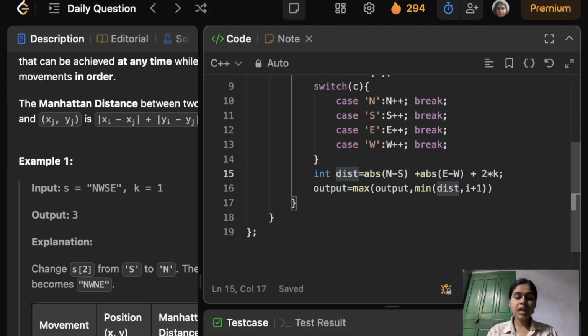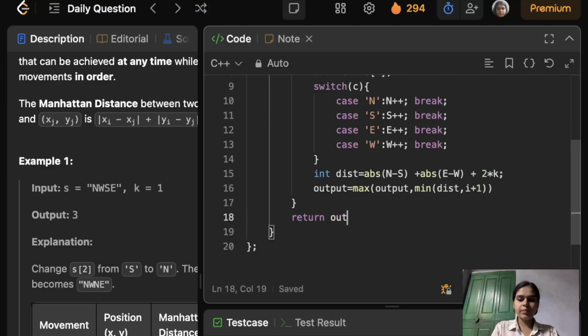So basically this calculates our output by taking the minimum of the distance and the i plus 1 index. Whatever is smaller, the distance or i plus 1, will come to the output, and it will be compared with the previous output, and the maximum of those in each iteration is what we get as the output.